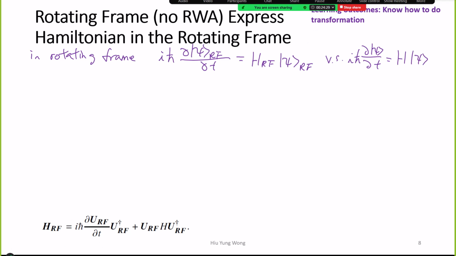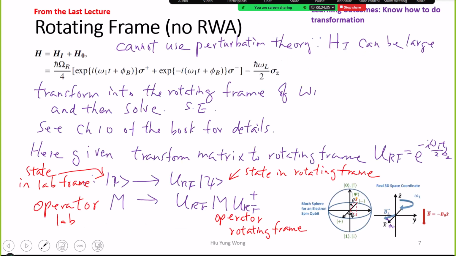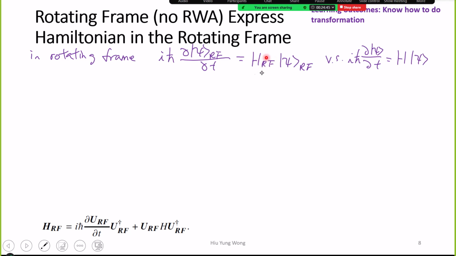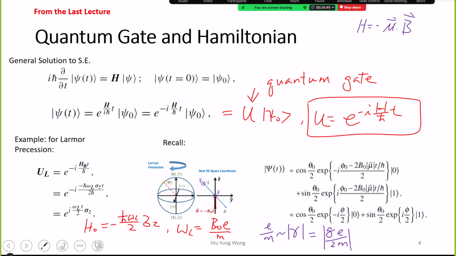Now, this was something confusing to me. I always made mistakes when I learned this. I thought that, oh, this is the Hamiltonian. Isn't it that I just need to multiply the Hamiltonian by U_RF and U_RF dagger? But no, this is talking about the operator. The Hamiltonian is not the operator. It's not the gate. Remember this?